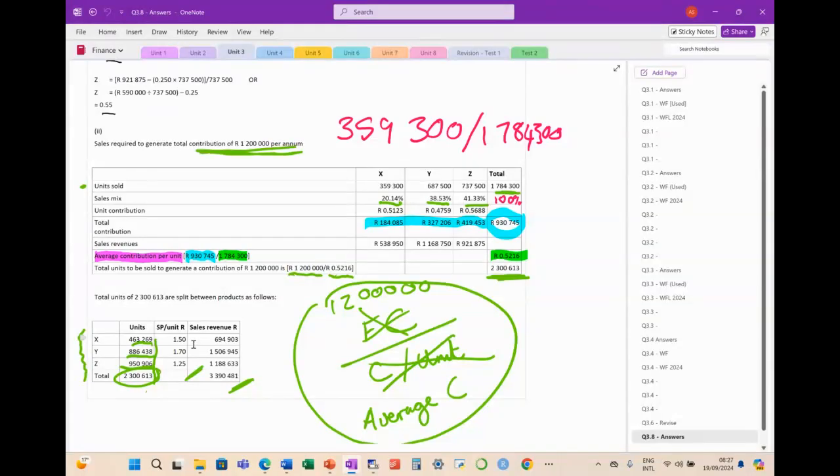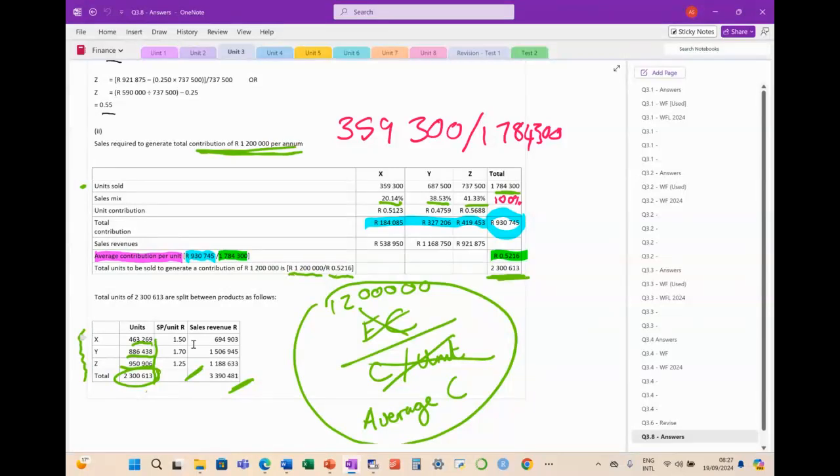So here they say, prepare the statement showing unit sales, variable costs, and profit contribution, including these values as a percentage of sales. Okay, so that's not what we're interested in. Second part though, calculate the sales required of each product to generate total contribution of 1,200,000 per annum.